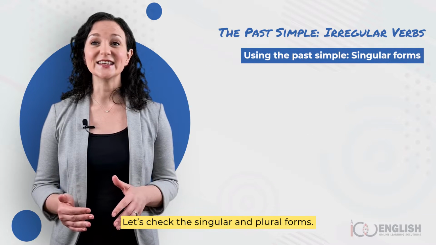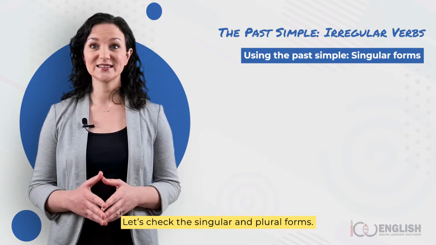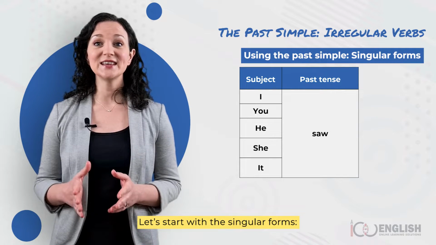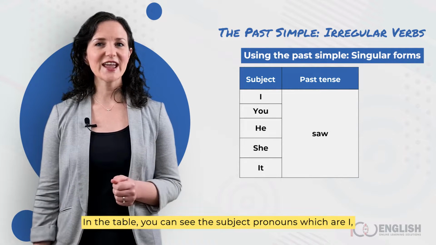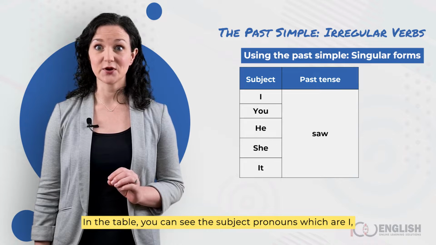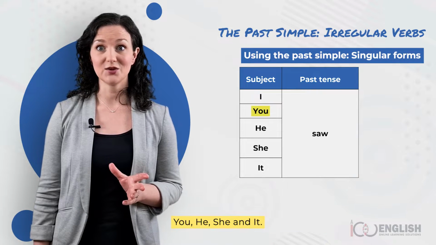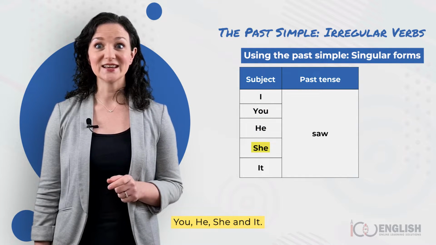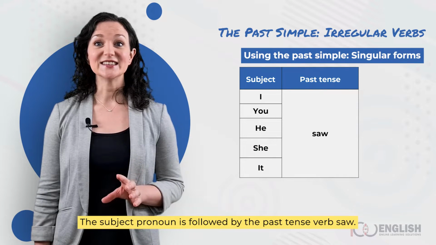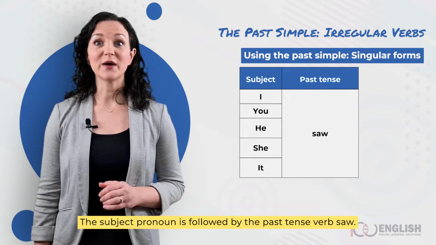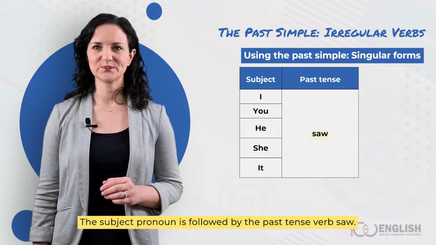Let's check the singular and plural forms. Let's start with the singular forms. In the table, you can see the subject pronouns, which are I, you, he, she, and it. The subject pronoun is followed by the past tense verb saw.